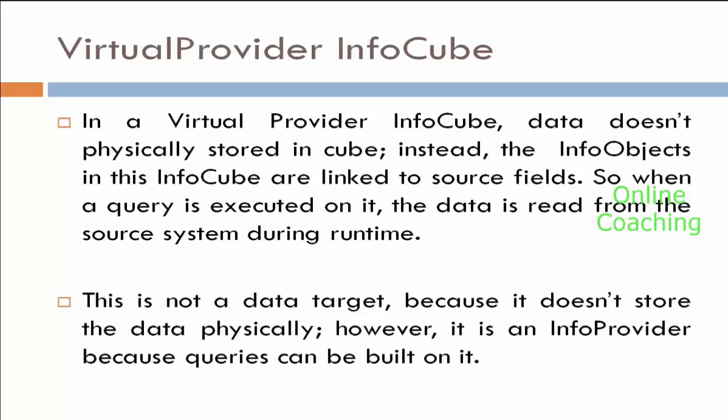If you change something in a flat file, the data will be changed automatically in the Infocube without any execution. No loading process is required. That is the biggest advantage of the virtual info provider. But this is not a data target because data is not physically stored, but I can still create reports on top of it. That is a virtual info provider.